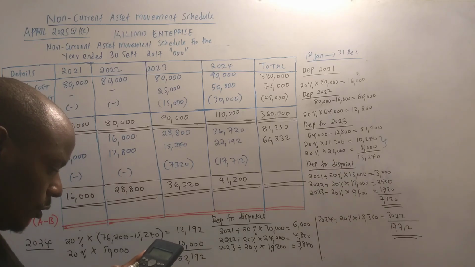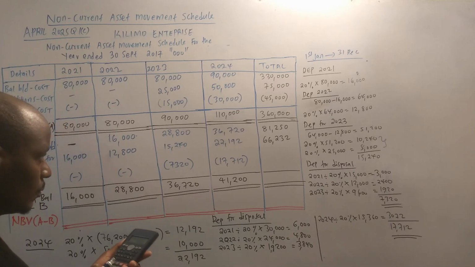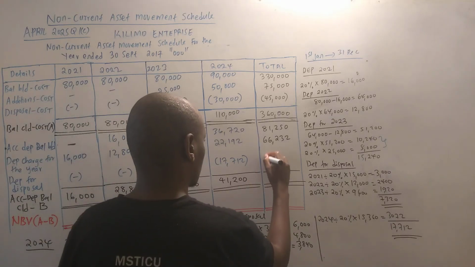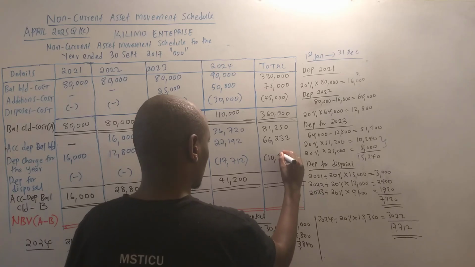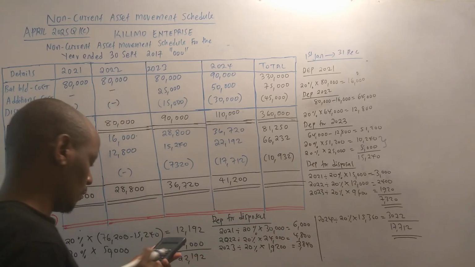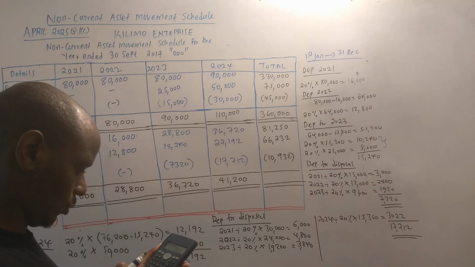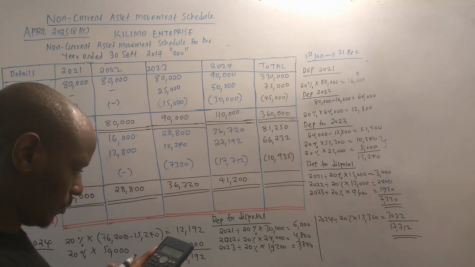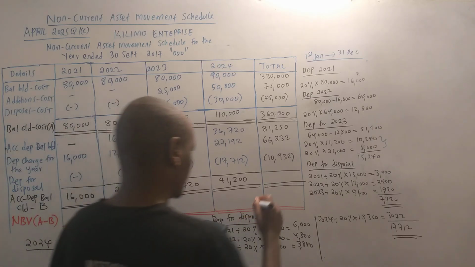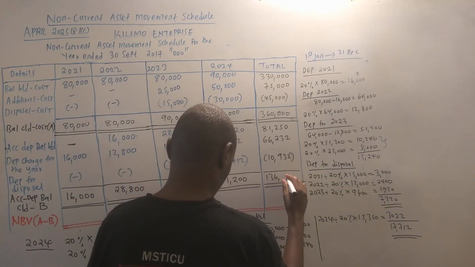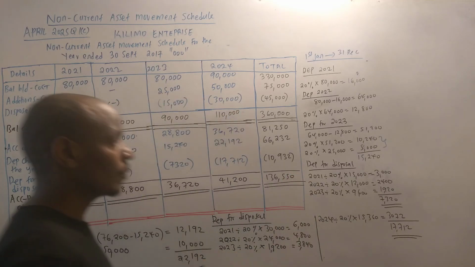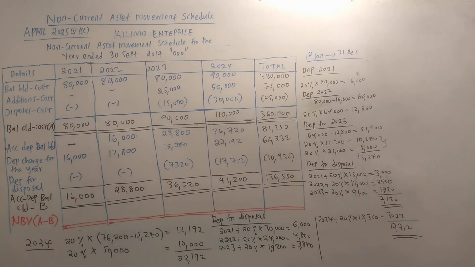Then 7,320, 17,712. That is minus 10,932. Then 81,150 plus 66,232, then minus 10,932, that is 136,550.